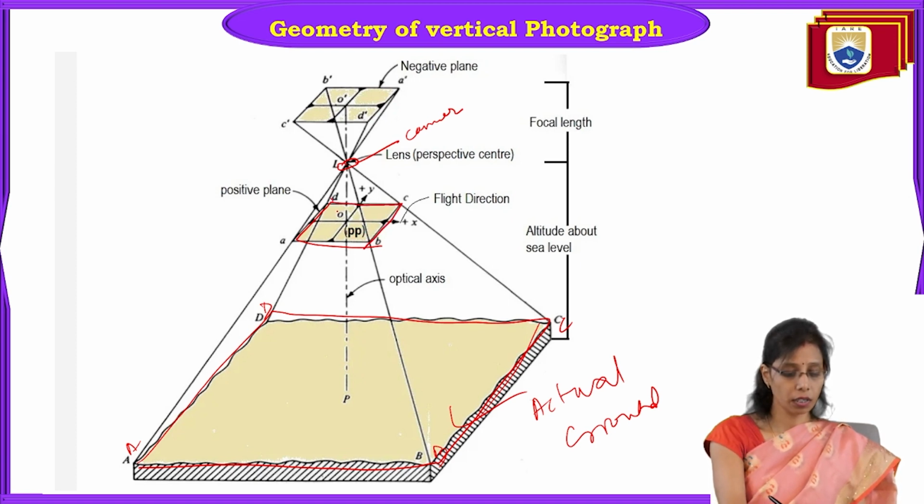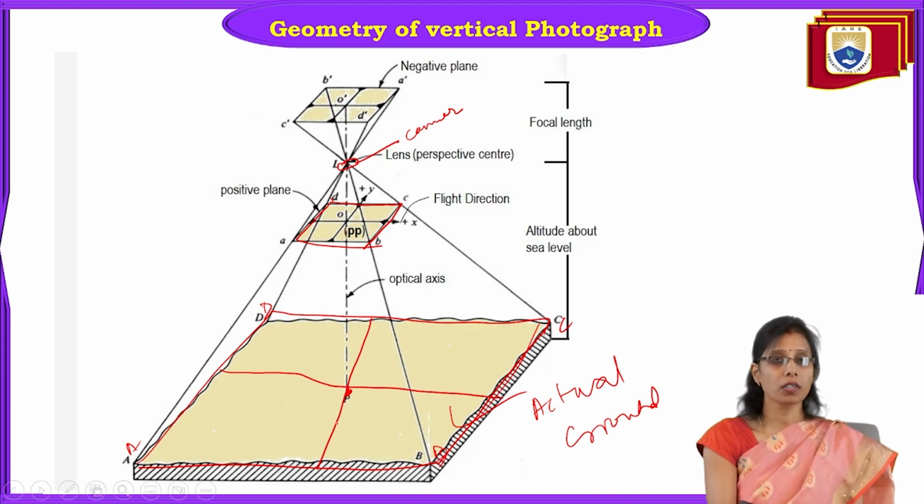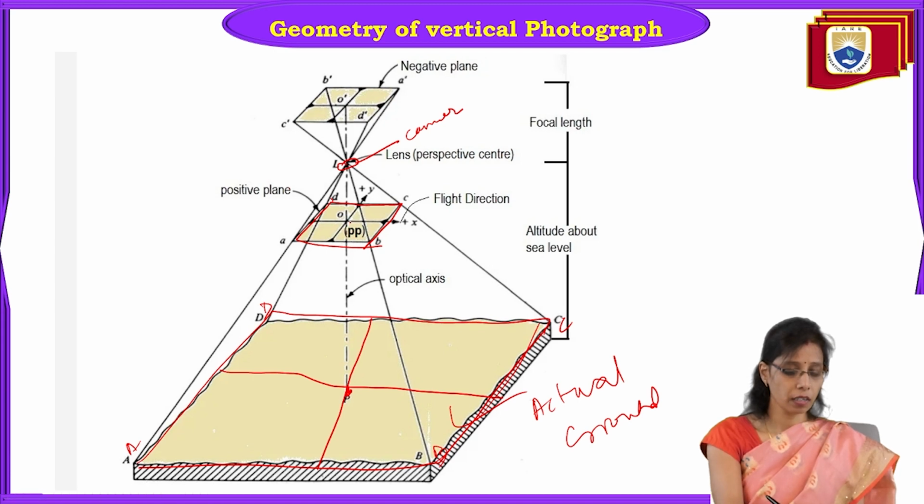Okay. So if this is your A, B, C, D, your principal point is here because it's a vertical photograph. So your principal point will be exactly in the center, right? If we join these four corners, you get the principal point. Same in the positive plane, this will be your principal point.